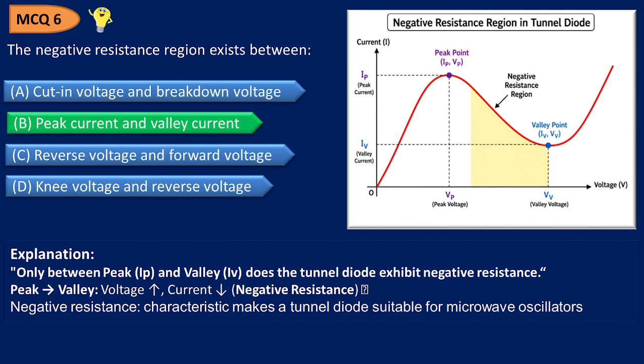In this graph, the negative resistance is shown from the peak point IP to the valley point, and this negative resistance region is between peak current and valley current. In this region, with an increase in voltage, the current decreases. So that's why the negative resistance region exists between peak current and valley current. Option B is the correct one.